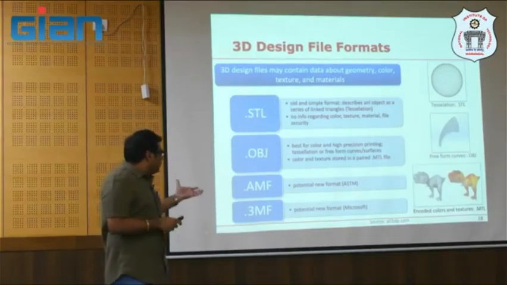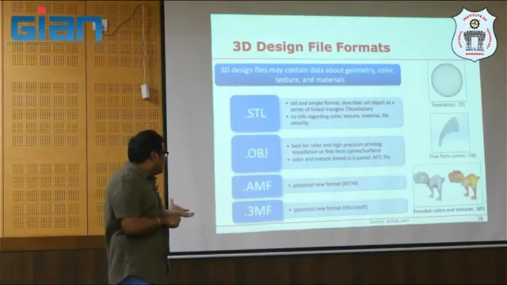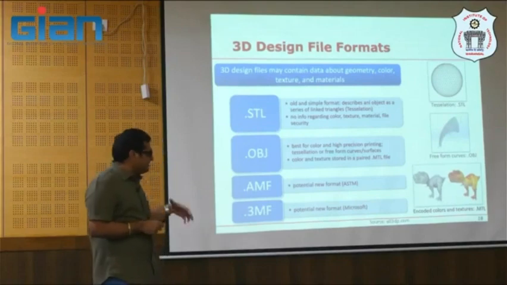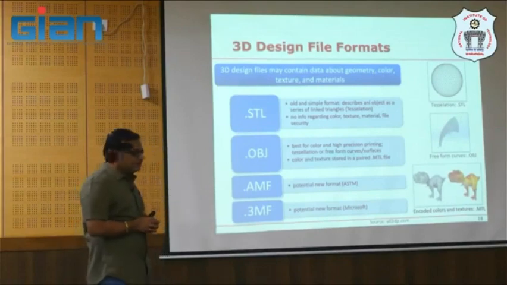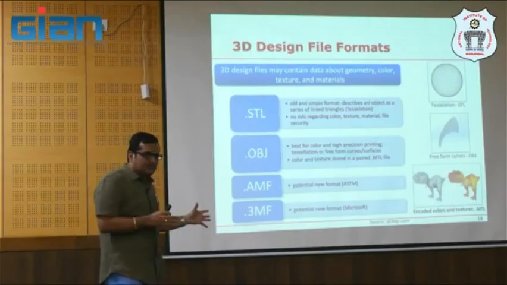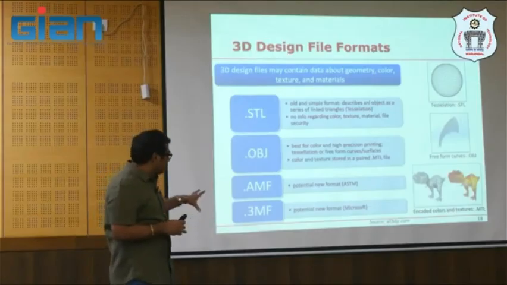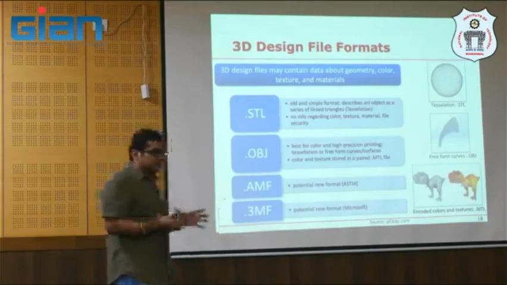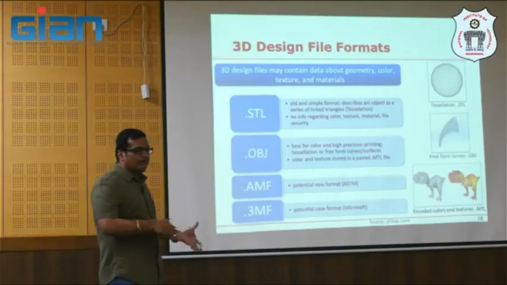But you can come across AMF and 3MF file formats, which ASTM is trying to make a standard format, but still it is not happening. Maybe 3MF in some industries, yes; 3MF is very well known nowadays. You can send it to the machine in the form of a 3MF file format.